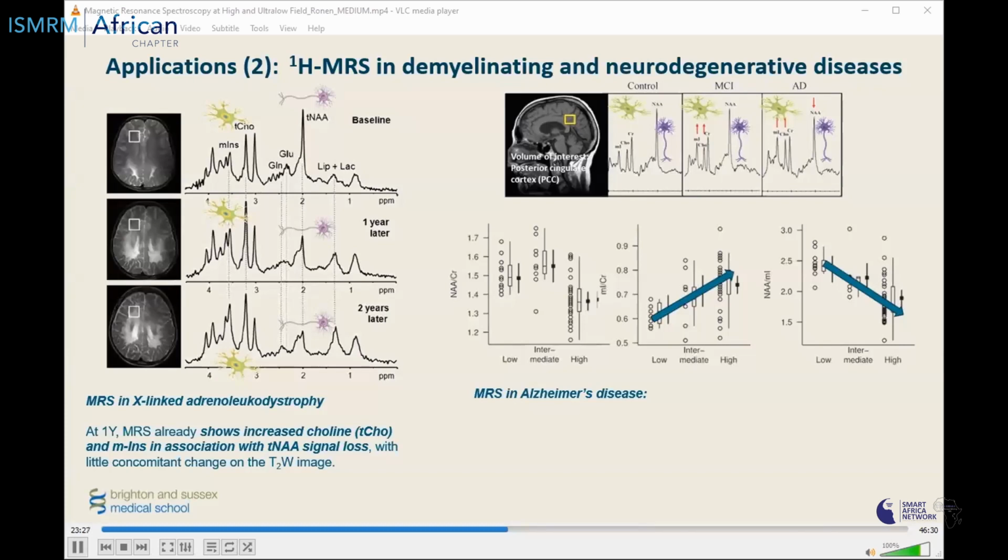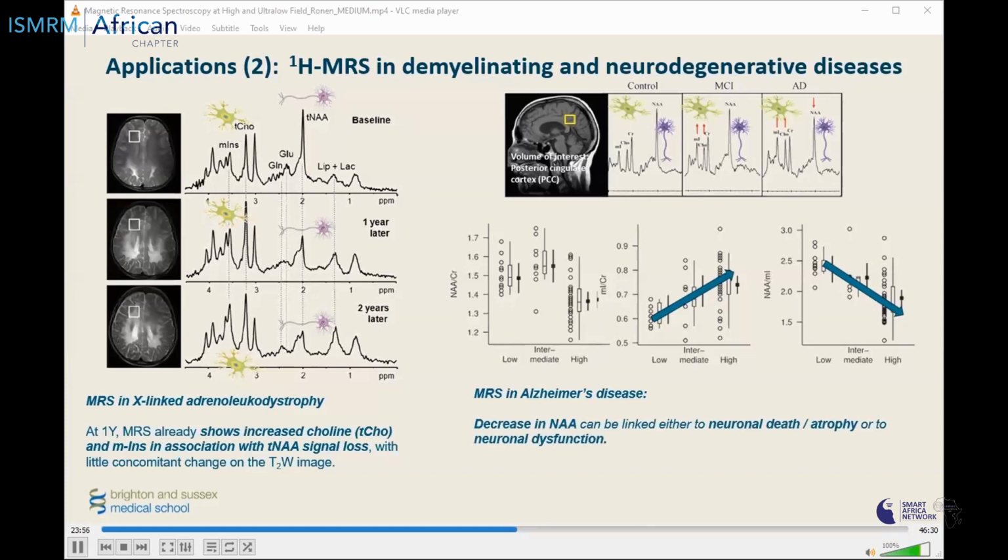And if we take the signal of NAA and scale it by the amount of myoinositol, then we have a kind of a spectroscopic biomarker to the severity of Alzheimer's disease, going from a high number for this biomarker at, let's say, healthy subjects or very low cognitive impairment, and going down as the cognitive impairment goes high.